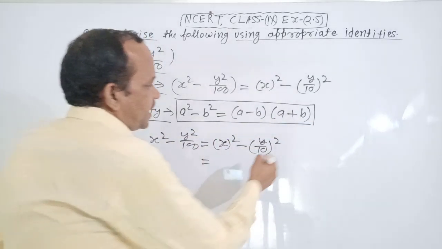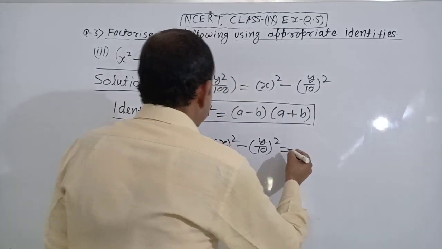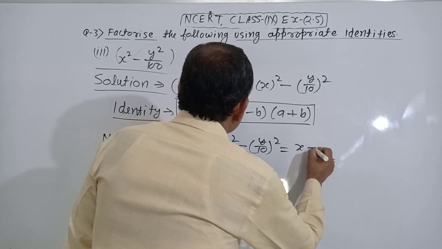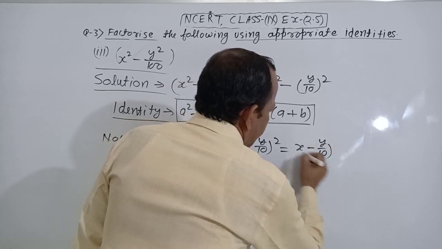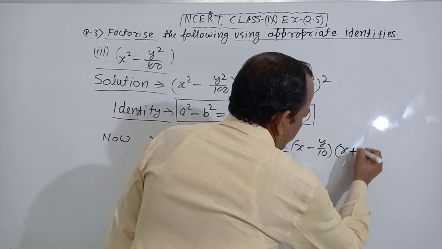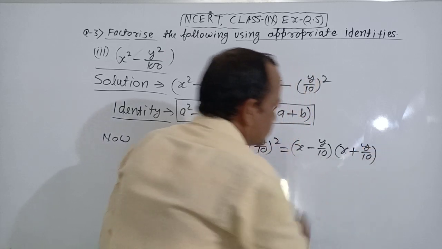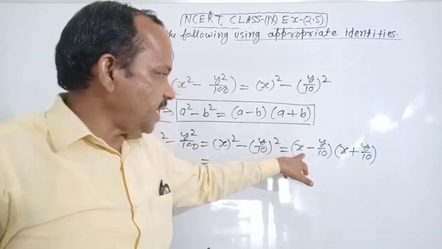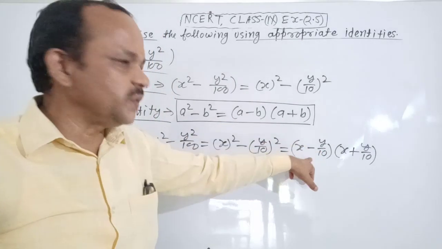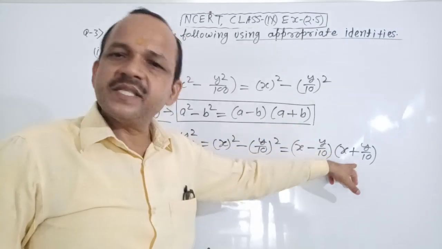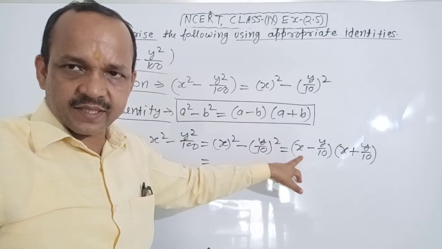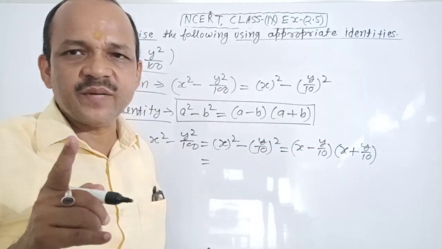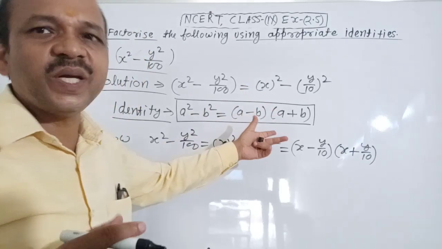You can write it as (x minus y by 10)(x plus y by 10), according to the identity. Here a means x, b means y by 10. Is it clear? Very good. It is very easy.